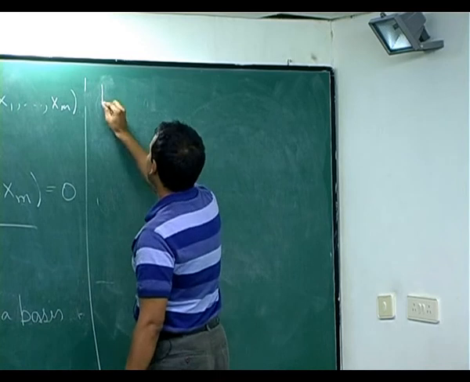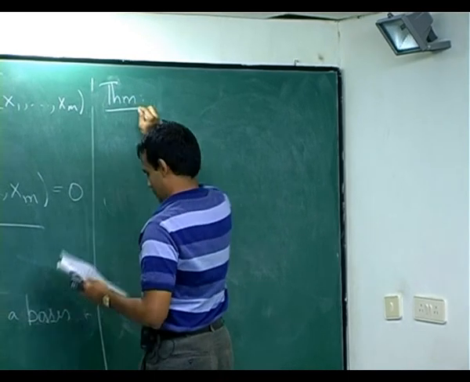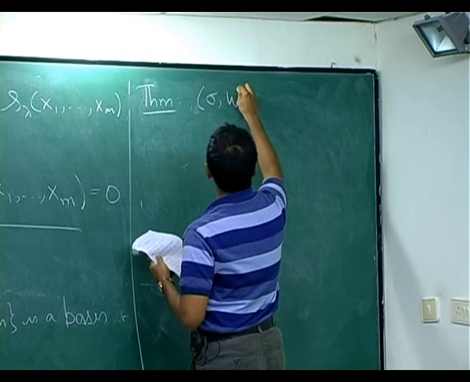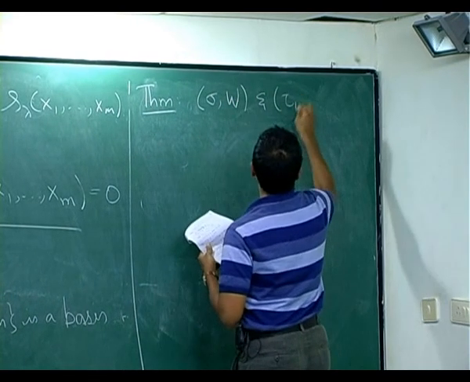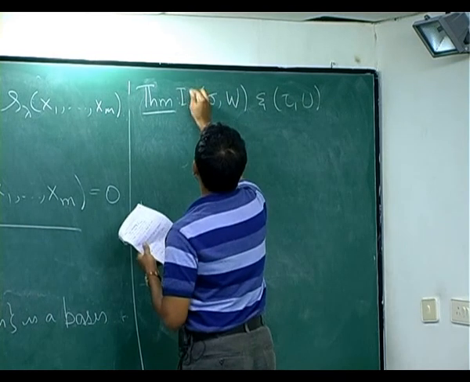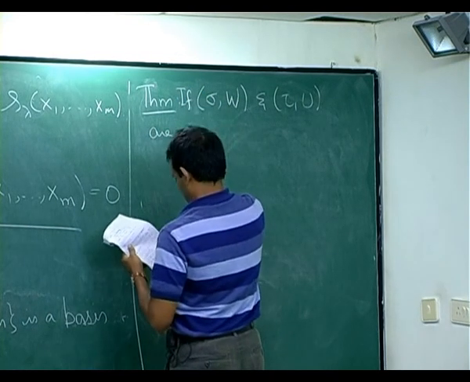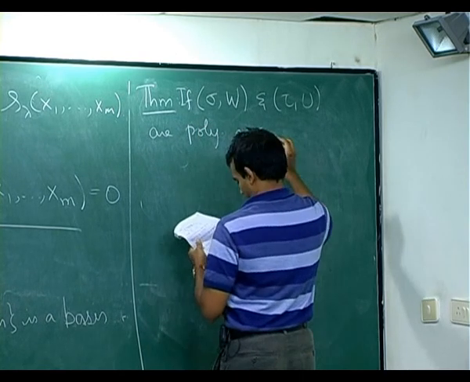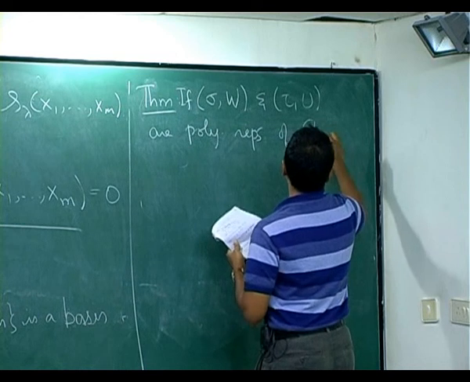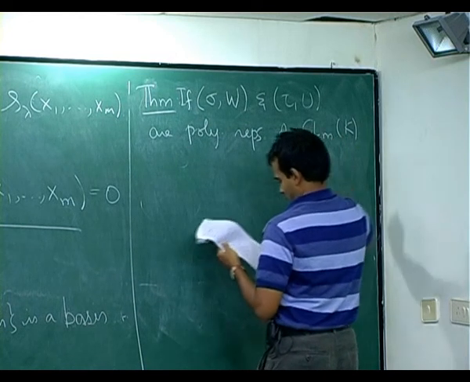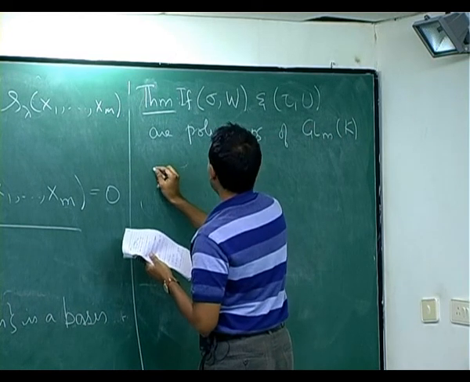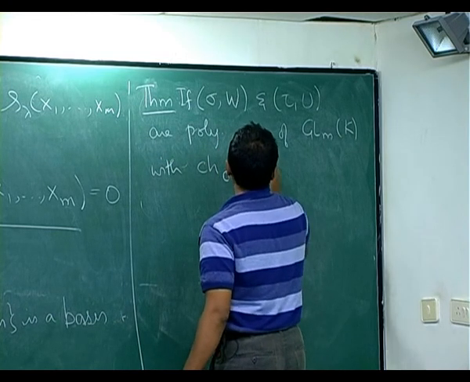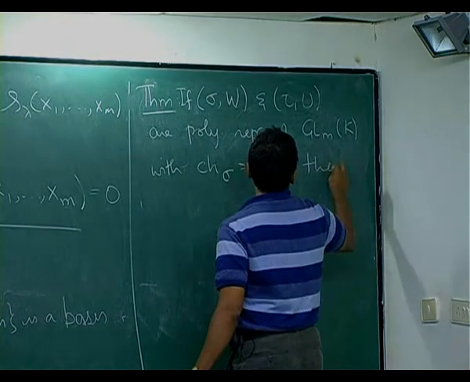So, we get one more theorem of Schur: if sigma on W and tau on U are polynomial representations of GL_m with characteristic sigma equals characteristic tau, then they are isomorphic.